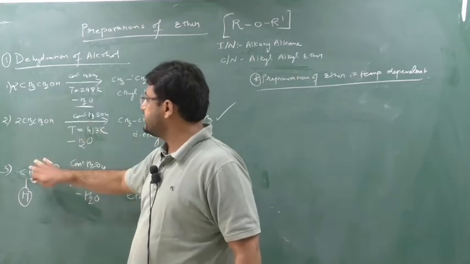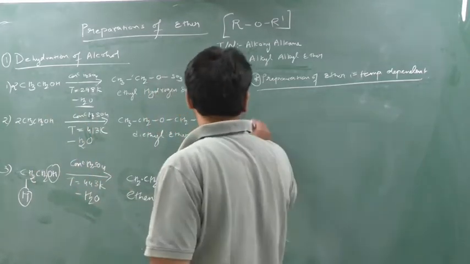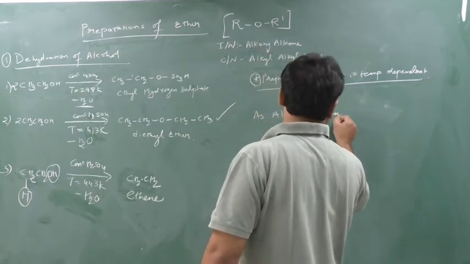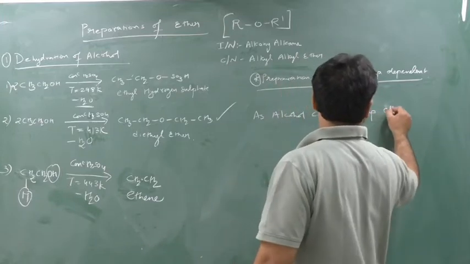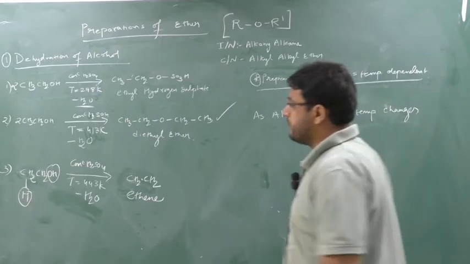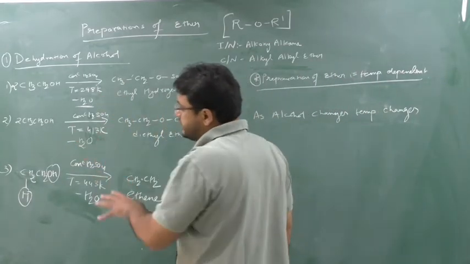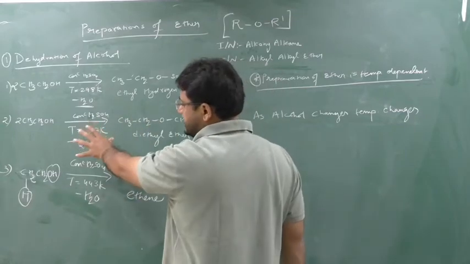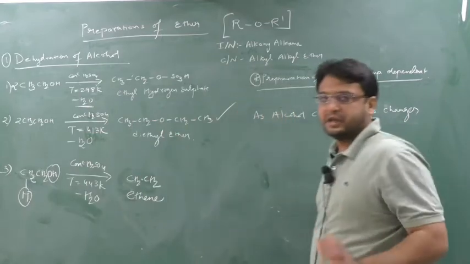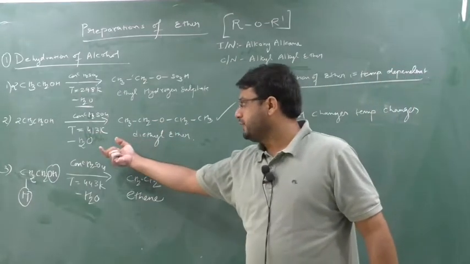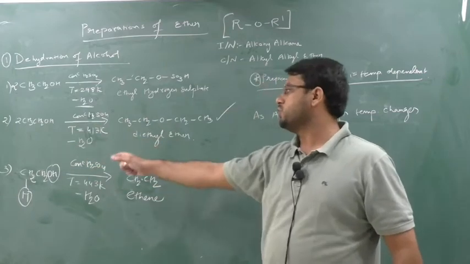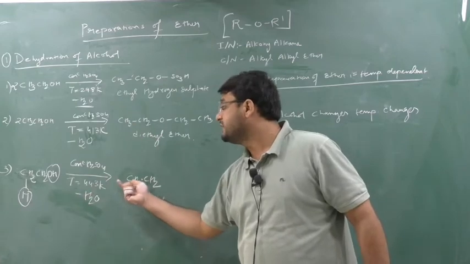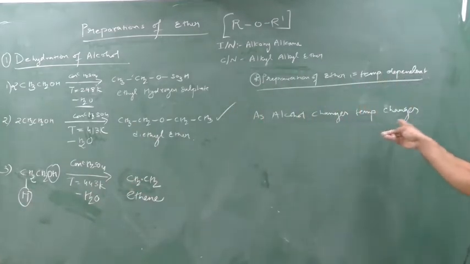Now if your alcohol changes, then this temperature also changes. But even if the alcohol changes and the temperature changes, for ether preparation the temperature should always be lower as compared to the preparation of ethene. Clear? For the preparation of ether, even if the alcohol is changed, the temperature for ether should be lower than the temperature for preparation of ethene from alcohol. Clear? So as alcohol changes, temperature also changes.